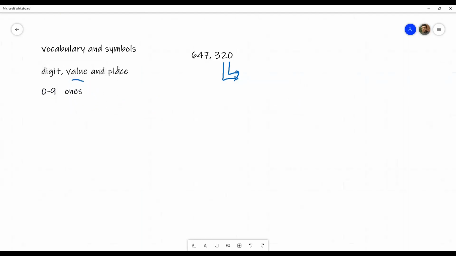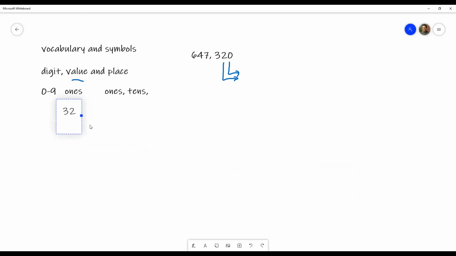And then we have place. Place is the position of the number. For this, it is still said like ones, tens, hundreds, something like that. What is the difference between value and place? The value is like this. If I get 32 from this digit, and I write it down, 32.